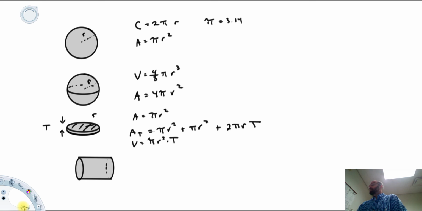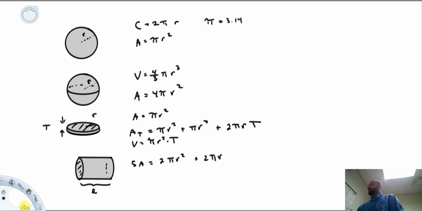All right, the next one I'm going to talk about, this animal, is the cylinder. Really, for all practical purposes, the cylinder and what I call the disk are the same thing. I will just treat them like they're separate objects. The total surface area of this object is 2 times pi r squared, which gets this and the one on the other side, plus, we call this the length, 2 pi r times the length, which gets the surface area of the side of this thing.